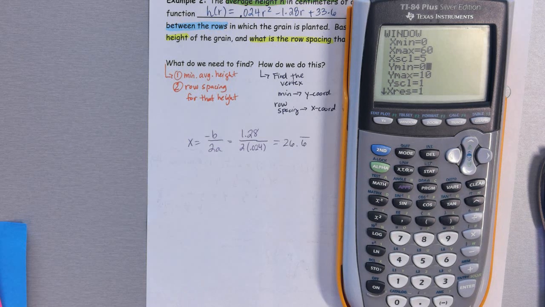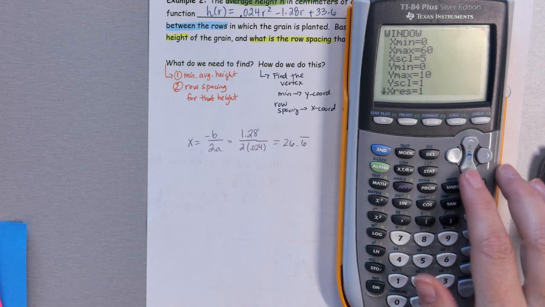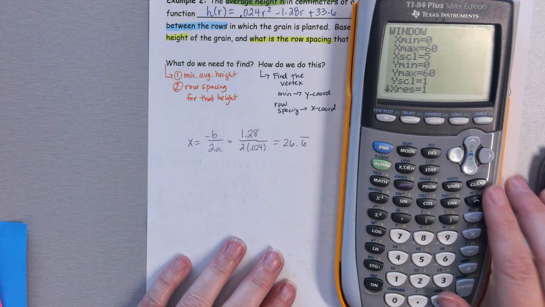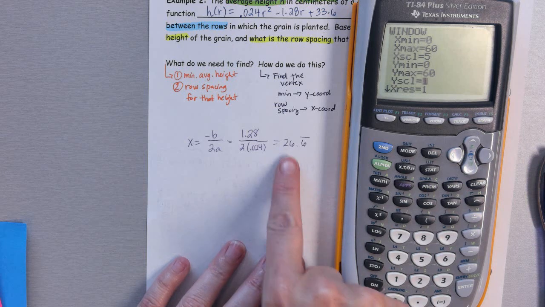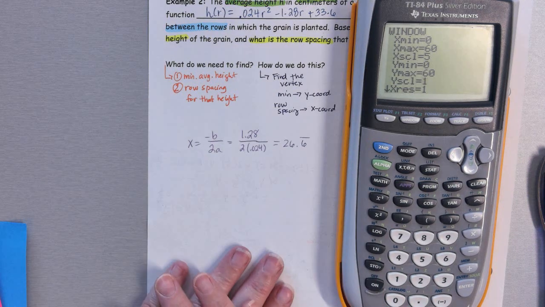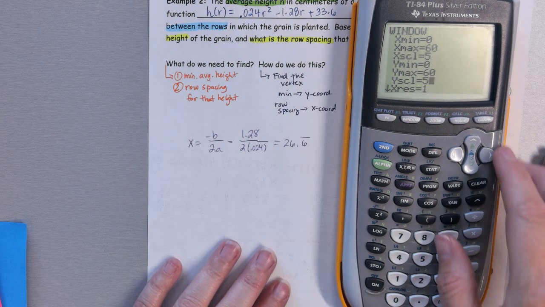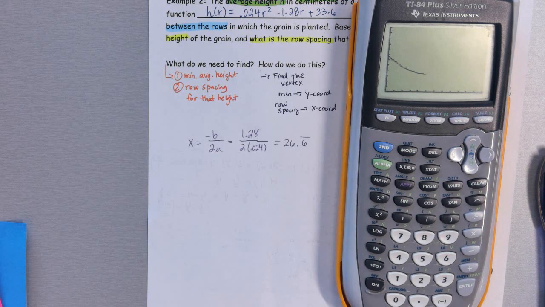I know this is a real world problem, so that's why I'm starting with 0. Let's for the y's, let's try 60 as well. Let's see if that's enough. You could also plug this into your function and calculate it. Go by 5s. Yay, we can see the parabola.